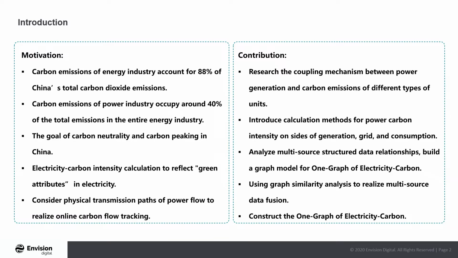The main contribution of this paper is to introduce an approach of modeling grid spatio-temporal data in graph database and electricity carbon correlation analysis to construct the one graph of electricity carbon system.